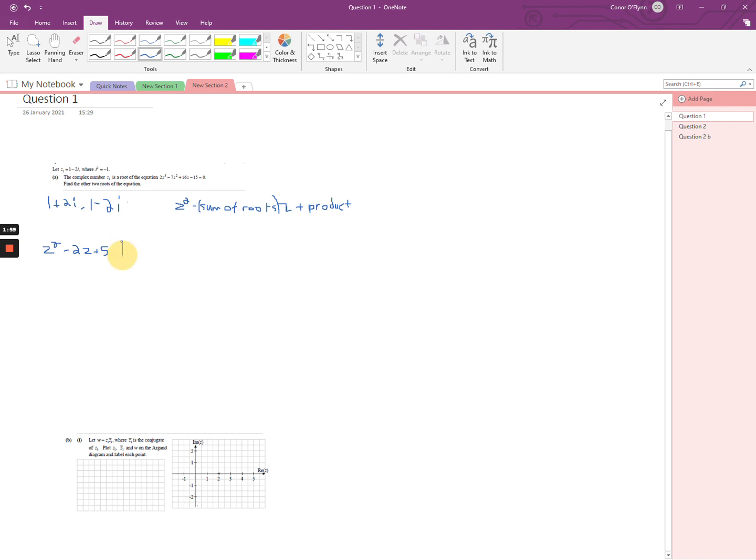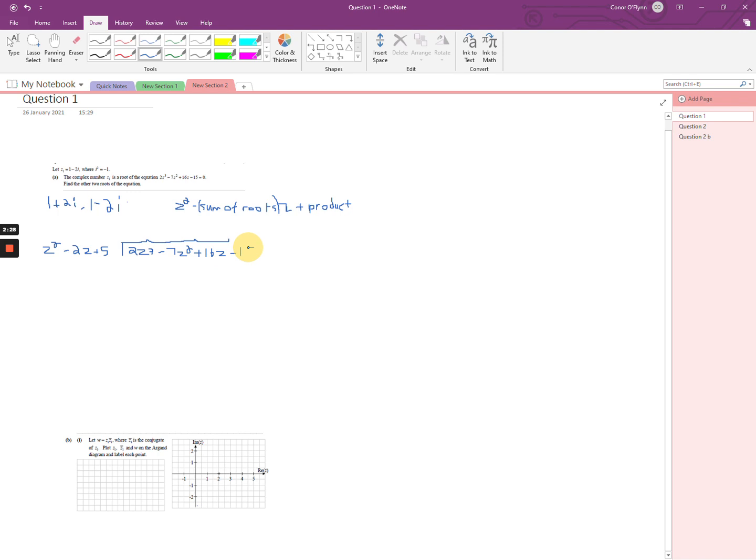And now I divide that into the cubic. Set it up. I'll divide that into z cubed minus 7z squared plus 16z minus 15.